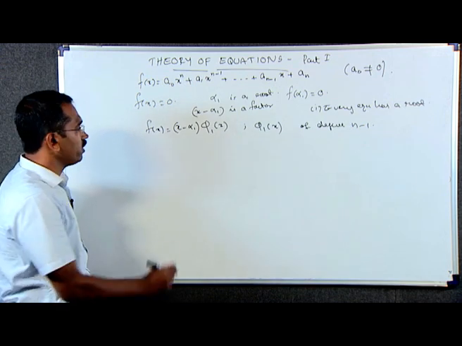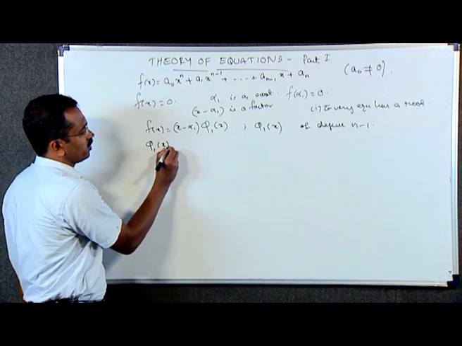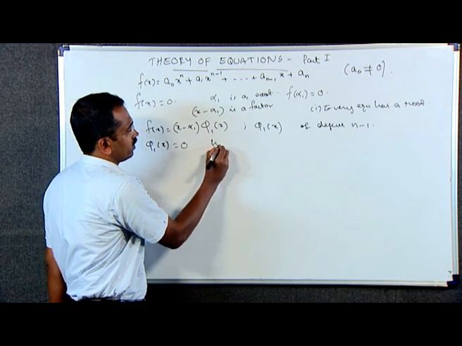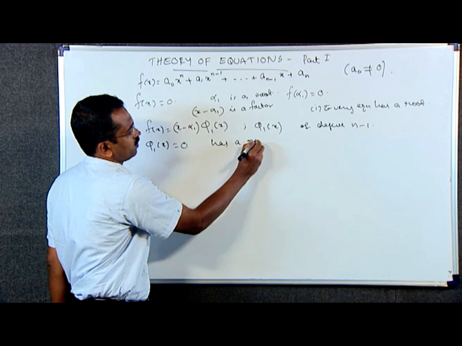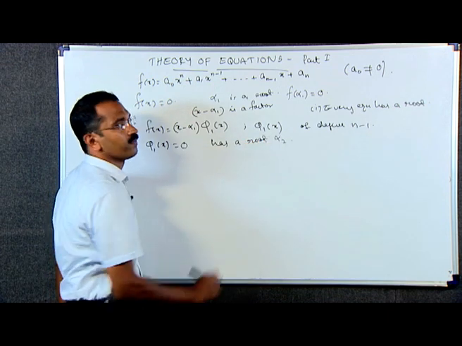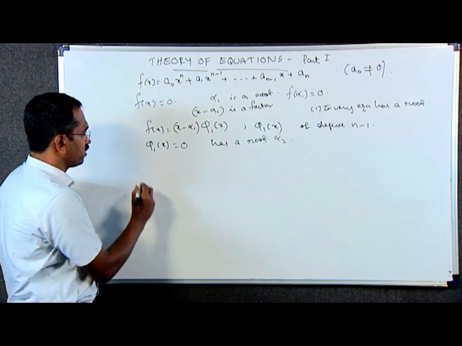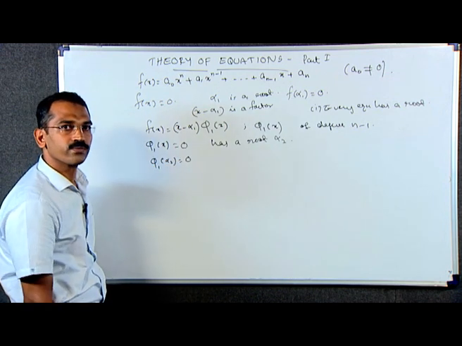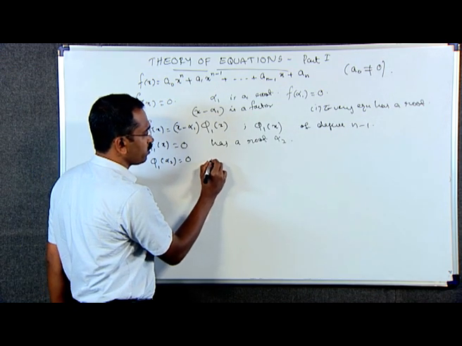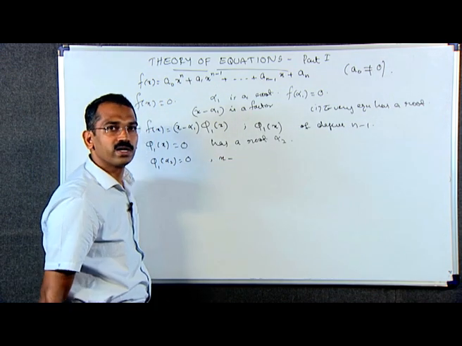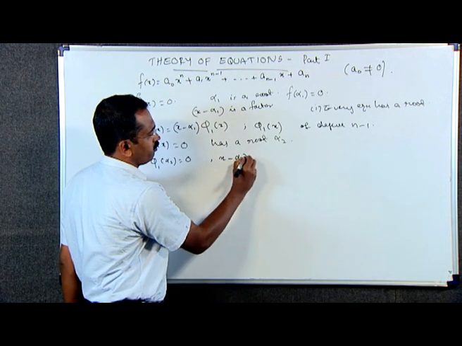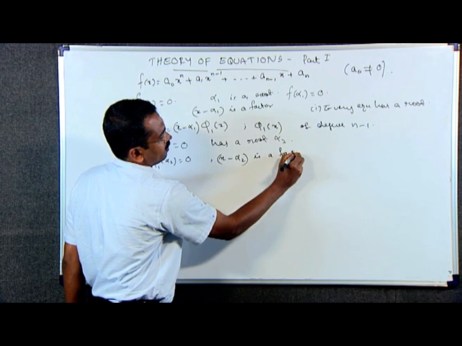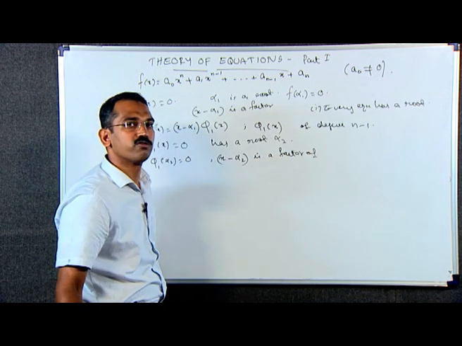Now, consider the equation phi 1 of x is equal to 0. Obviously, this equation has a root, say alpha 2. Therefore, we can write phi 1 of alpha 2 is equal to 0, and hence x minus alpha 2 is a factor of phi 1 of x.